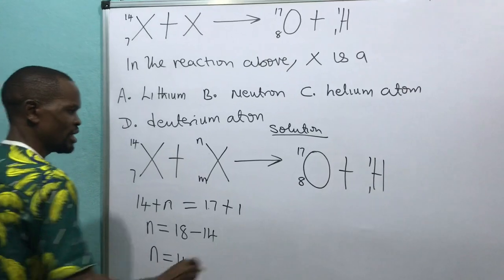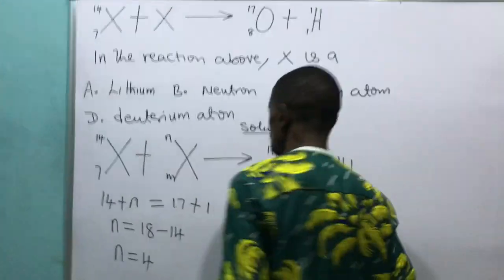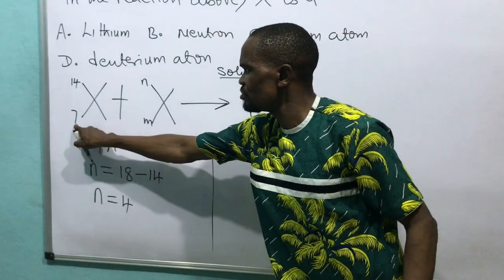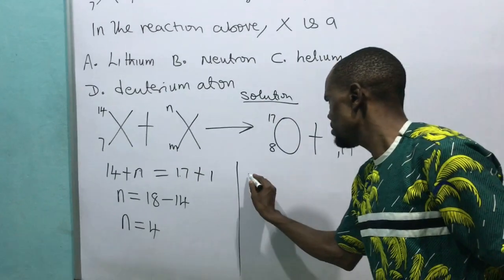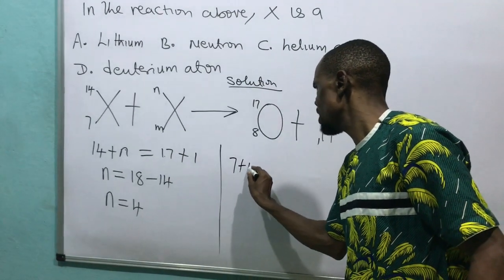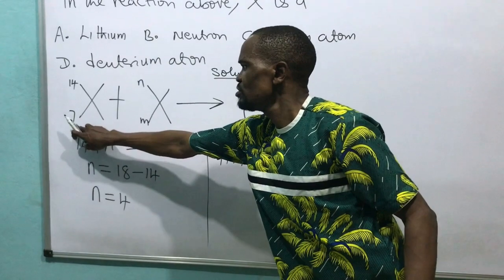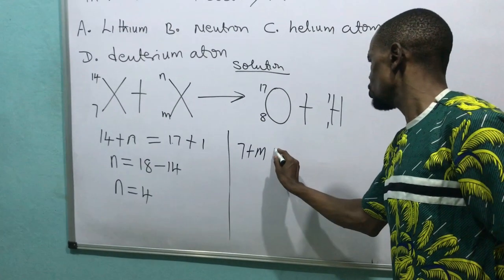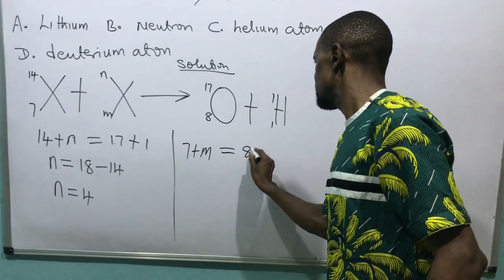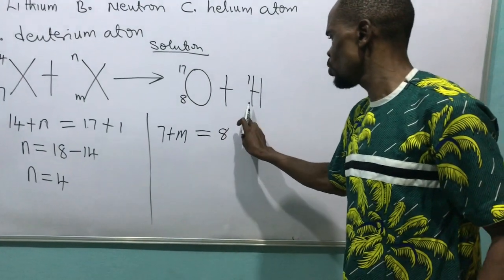Then I can come over here to do the same thing again: 7 plus M is equal to 8 plus 1.